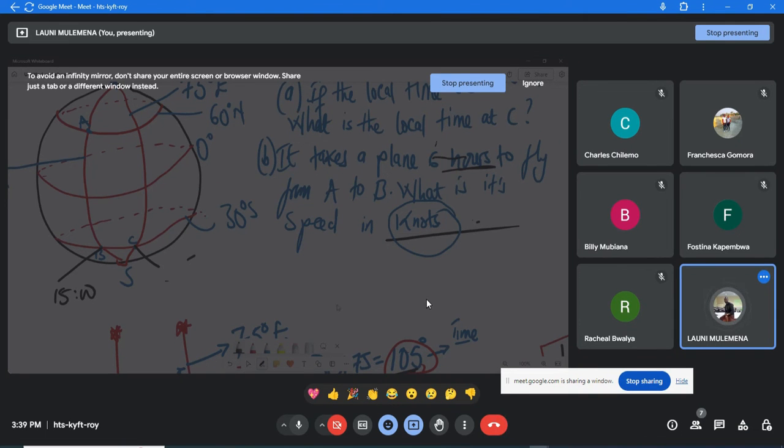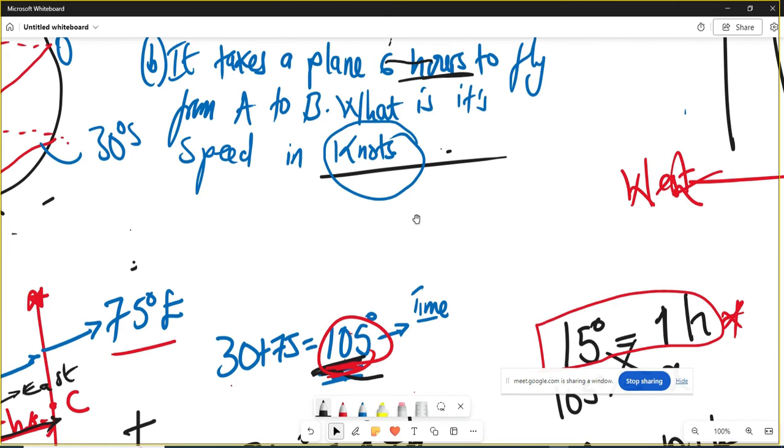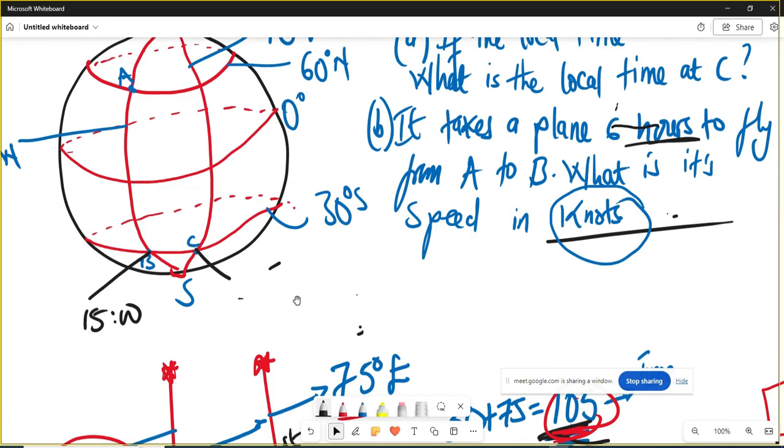We need to locate where A is and where B is, and then we ask ourselves whether the distance is along latitude or along longitude, so that we know which formula to use. Now A and B are along the longitude, so we need to use the longitude formula.